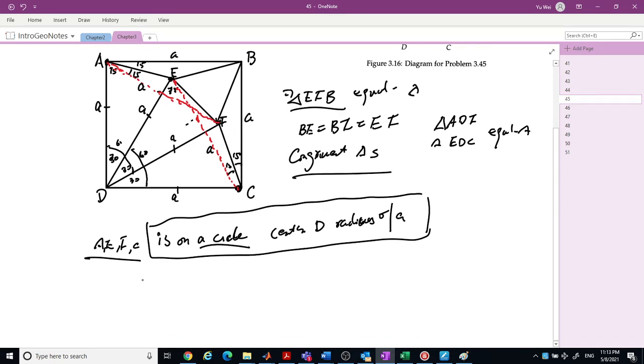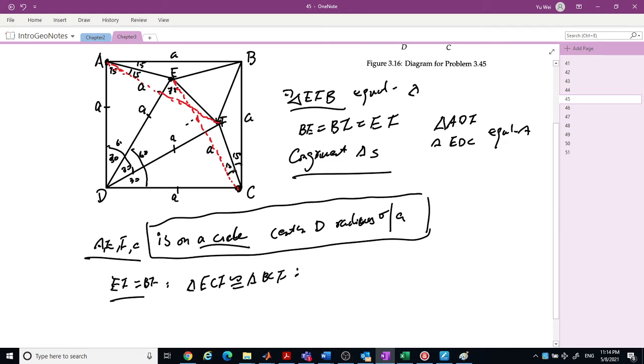It's very simple to prove EF equals BF using triangle ECF congruent to triangle BCF, right? 15, 15, angle, angle, A and A, right? And the common sides. So I won't write it, you guys need to see.